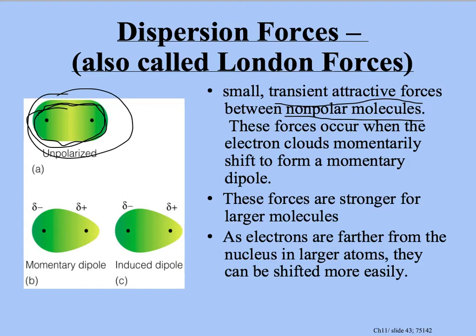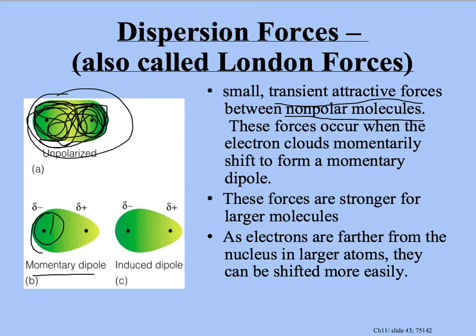But sometimes there's an occasional shift. We know the electrons are traveling around the atom in these orbitals that we talked about earlier in the year, going back and forth and back and forth. Every once in a while there might be just a second in time where the electrons are briefly shifted to one side of the molecule. So in this picture down here, we've got what we call a momentary dipole.